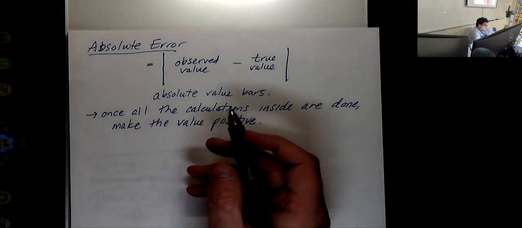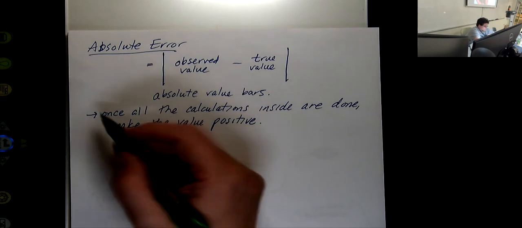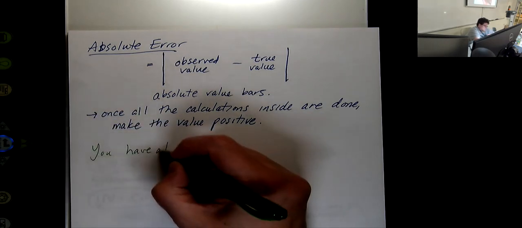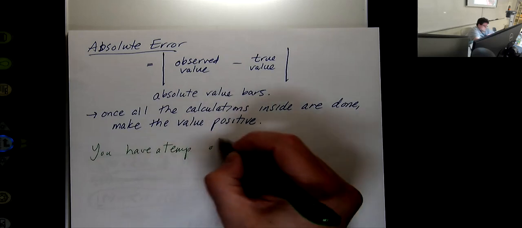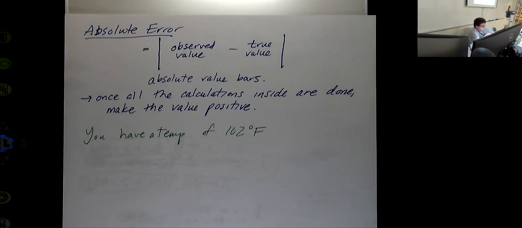So let's say you have a temperature of 102. I don't know if this is a good example of absolute error. It does the absolute value. So you have a temperature of 102 degrees Fahrenheit.